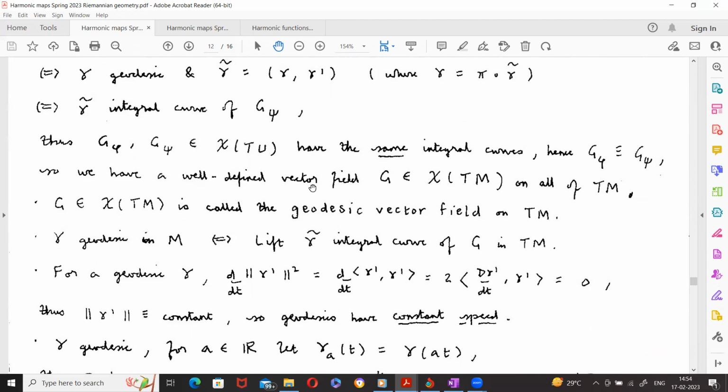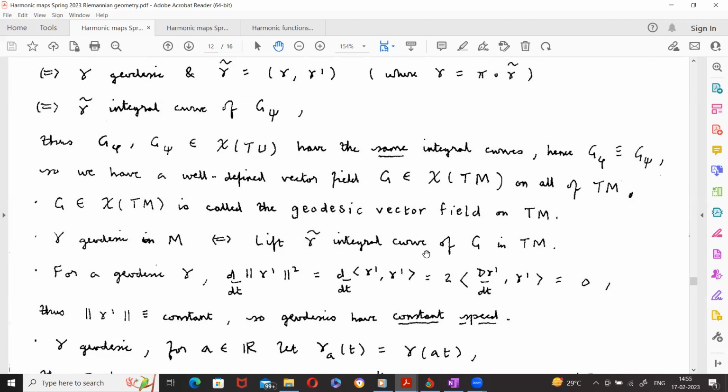So actually there is a global vector field G on the whole tangent bundle, which is called the geodesic vector field, such that gamma is a geodesic in M if and only if the natural lift gamma tilde is an integral curve of the vector field G. Okay. So in other words, geodesics in M, you can get as follows.